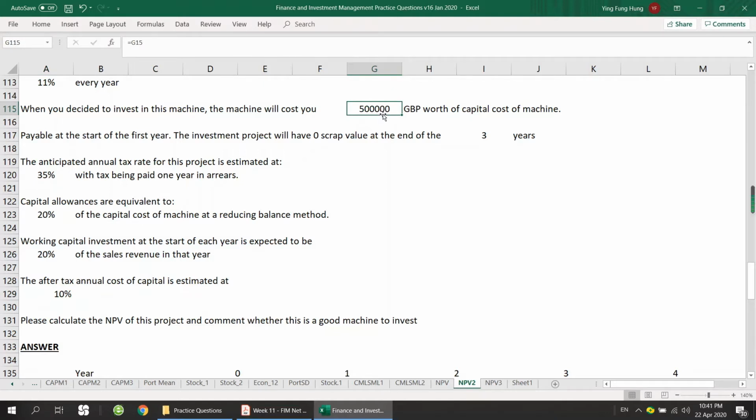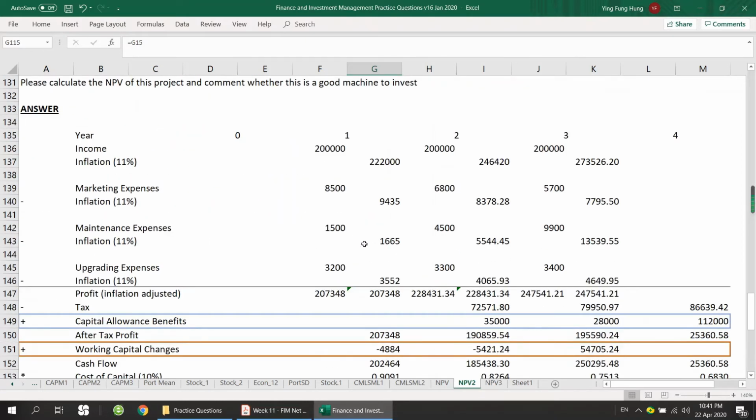If we multiply these three numbers, this will give us an answer of 35,000 for the capital allowance benefit in the first year. And then similarly, since tax is paid one year later, we can only claim the capital allowance benefit also one year later.